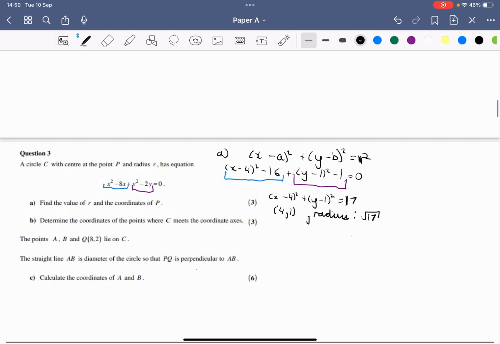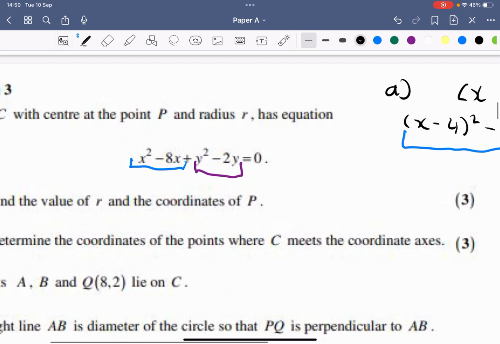For part B, we need to determine the coordinates of the points where the circle C meets the coordinate axes. Basically, it means when does it cross x equals 0 and when does it cross y equals 0. For this, personally, I think subbing it into here is easier.